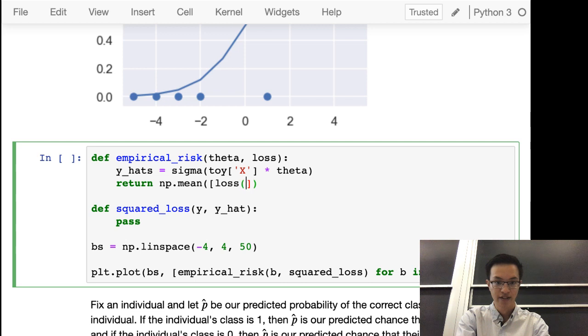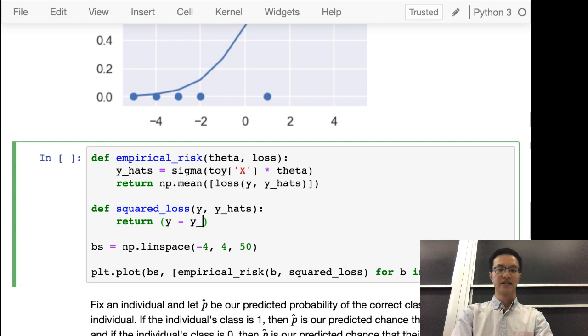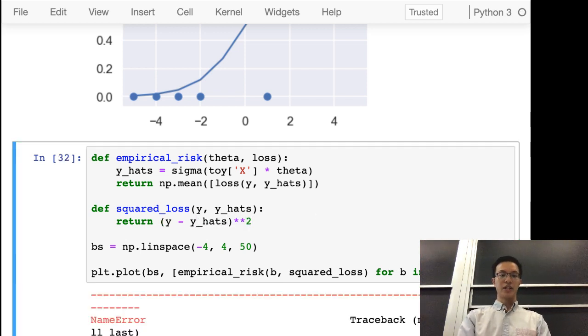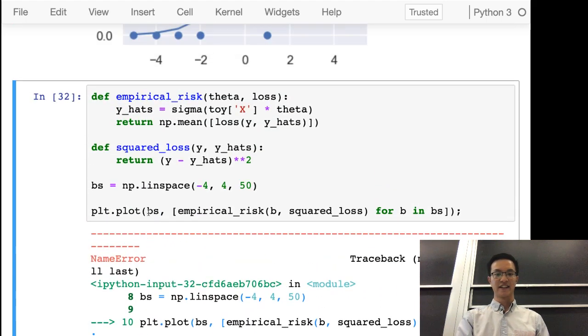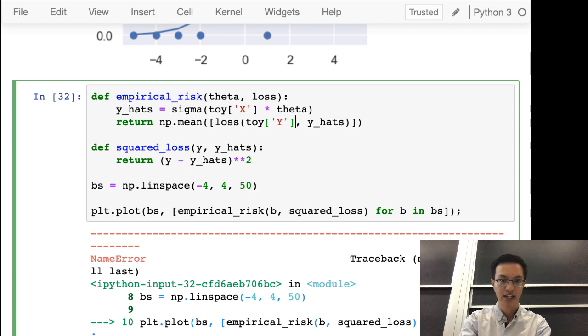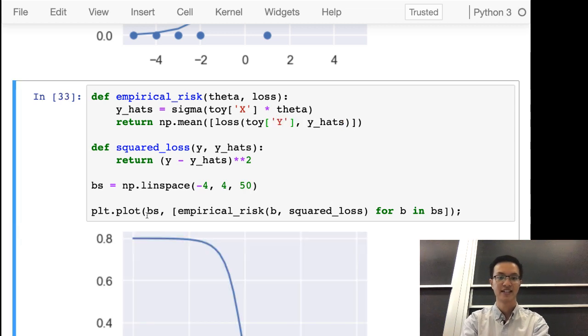You know what? I can just do this. Let's do that. Okay. And the squared loss here is y minus y hats squared. So relatively simple, and I made a mistake. What's going on here? This should be toy y. So my actual y values compared with my predicted y values. Okay, here we go.